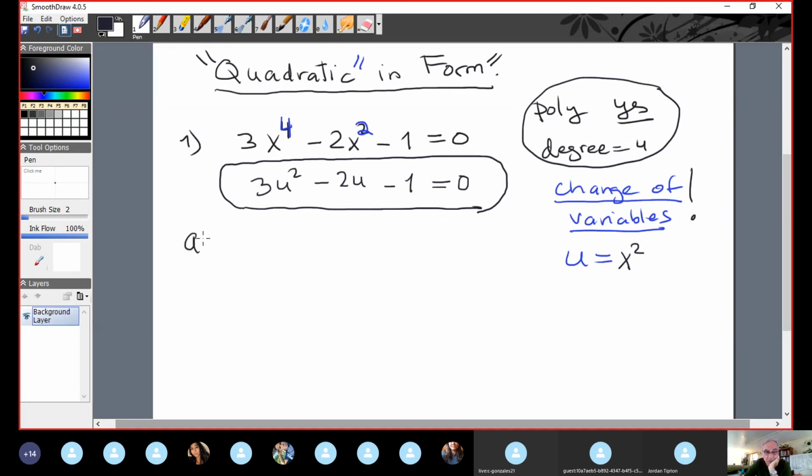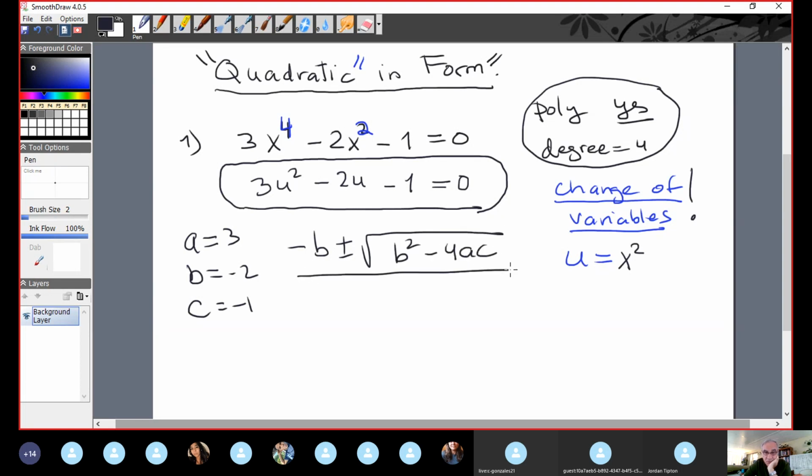A is 3, B is negative 2, and C is negative 1. Minus B plus and minus square root of B squared minus 4AC, divided by 2A. The quadratic formula that we use always for solving quadratic equations. Not always, but frequently.